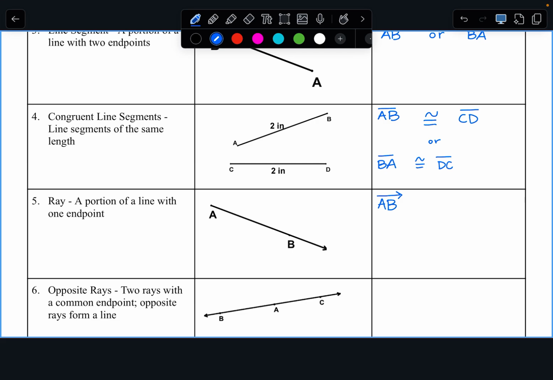A ray symbol always points right. And it must start with an endpoint.